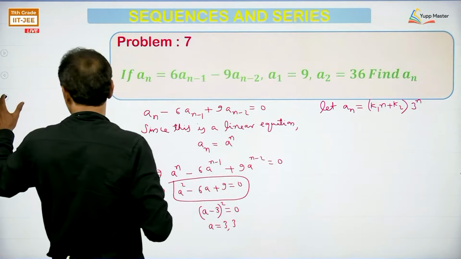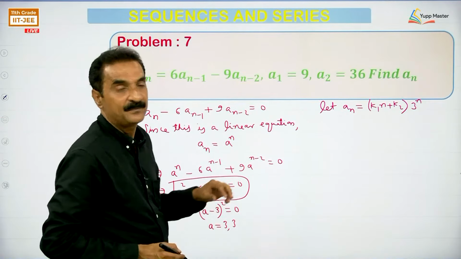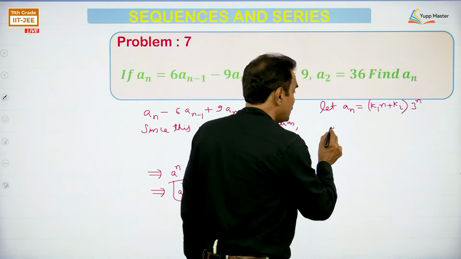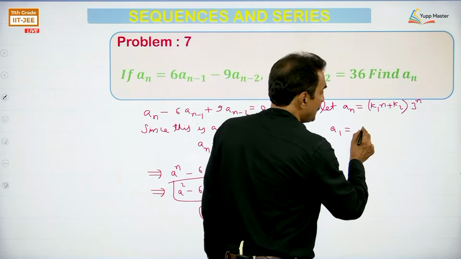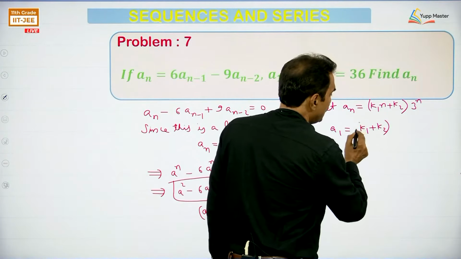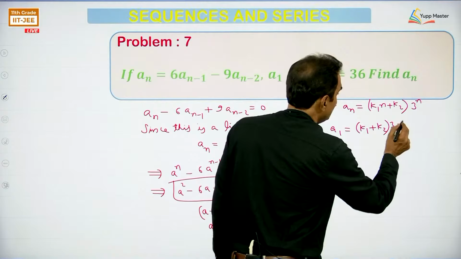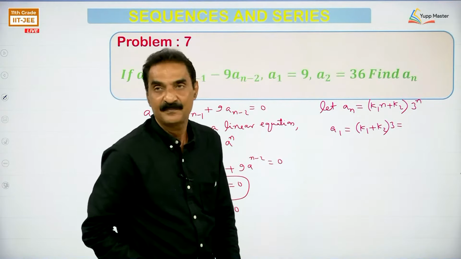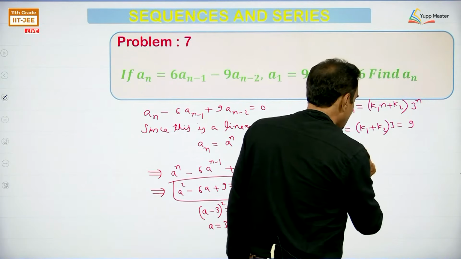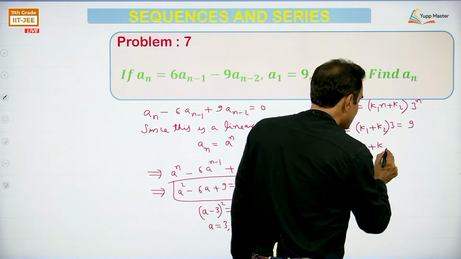So in this question, we have to find k1 and k2 using a1 and a2. Putting n is equal to 1, a1 is equal to k1 plus k2 into 3, which is given as 9. Alright. So dividing by 3, k1 plus k2 is equal to 3.